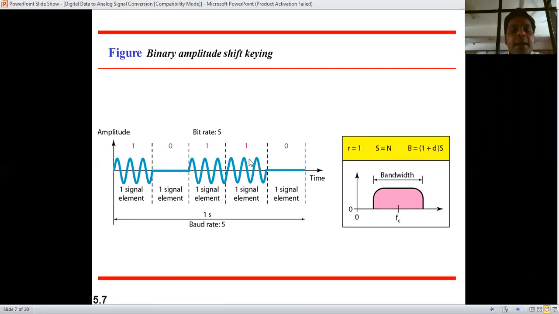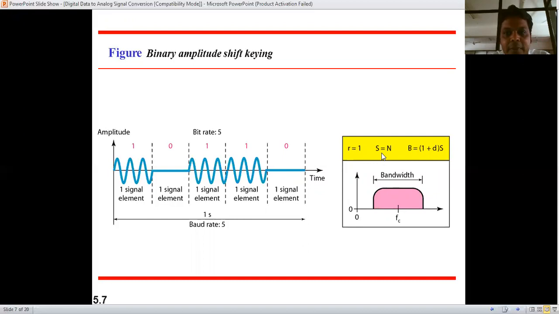Thus in 1 second we can have 5 signal elements: 1, 2, 3, 4, 5. So we can transmit 5 bauds, or 5 signal elements, in 1 second. Similarly, because one signal element holds 1 bit, the bit rate will be 5 bits per second, as mentioned here.